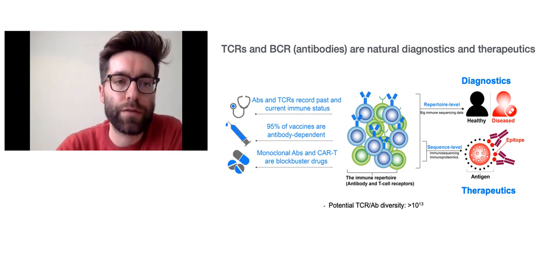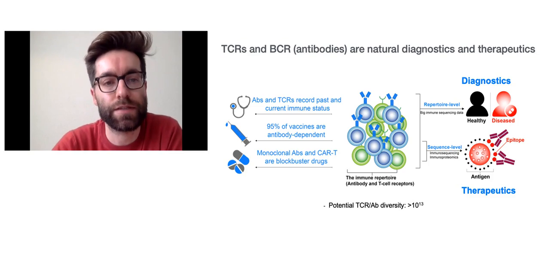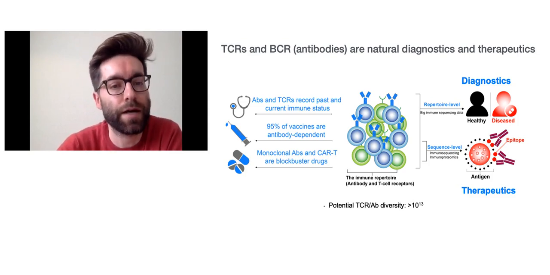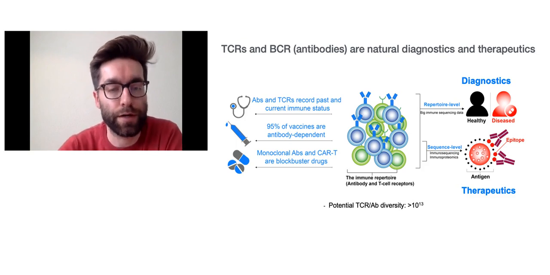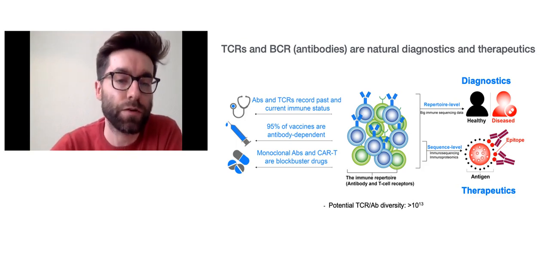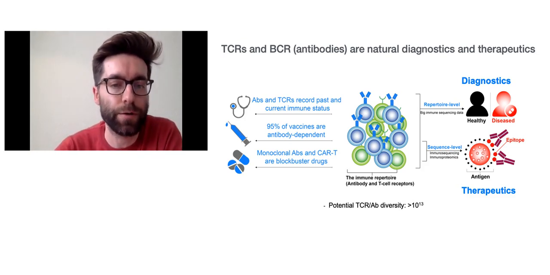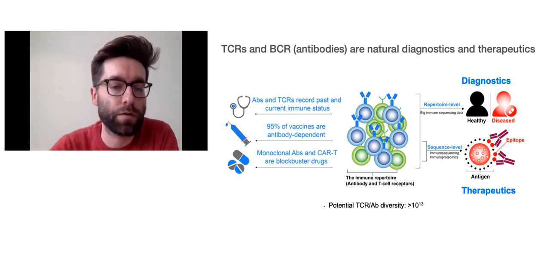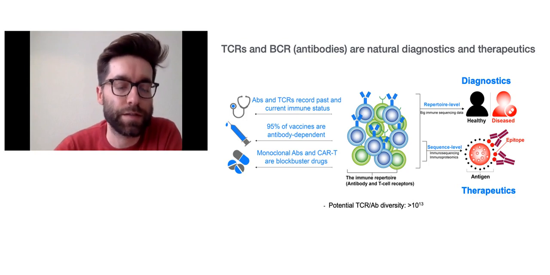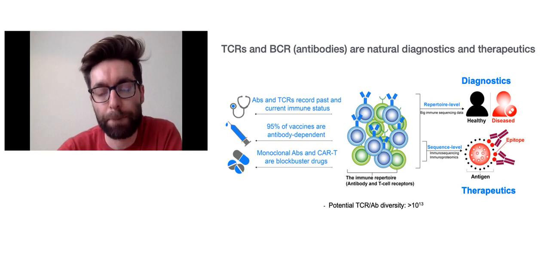We can think of T cell and B cell receptors as natural diagnostics and therapeutics. They record past and current immune status. They are very important for vaccine success, so not only antibodies, but also T cell receptors, as has been shown more and more now. And of course, from the pharma point of view, monoclonal antibodies, T cells and CAR T cells have become blockbuster drugs over the last years and decades.